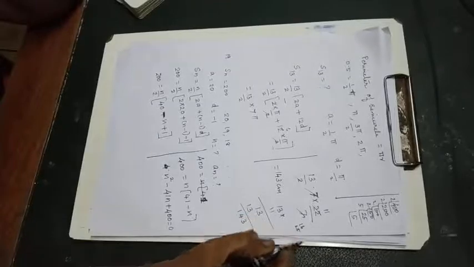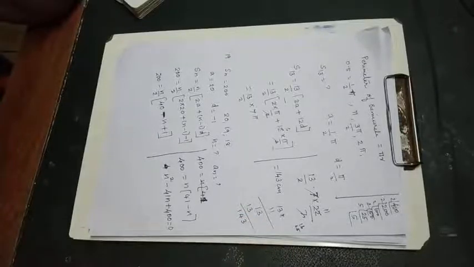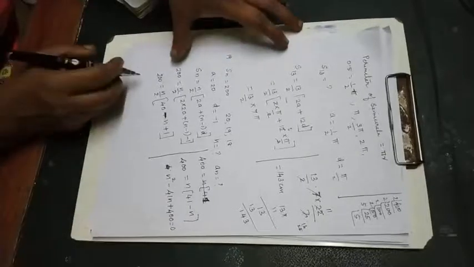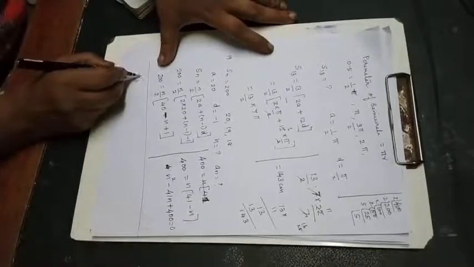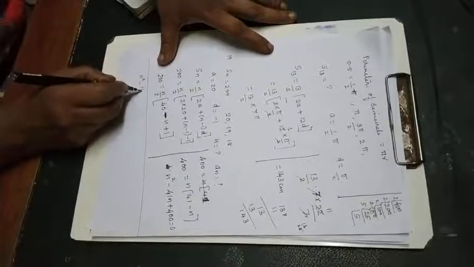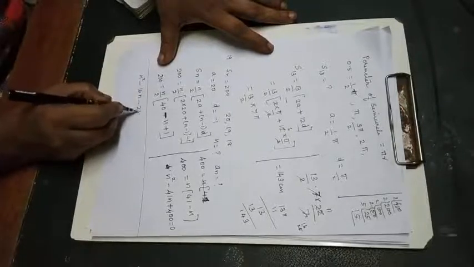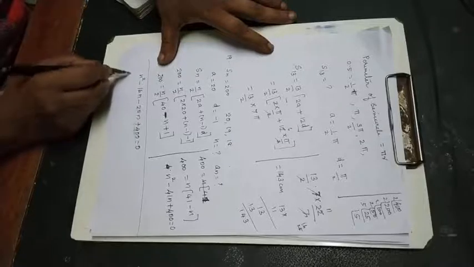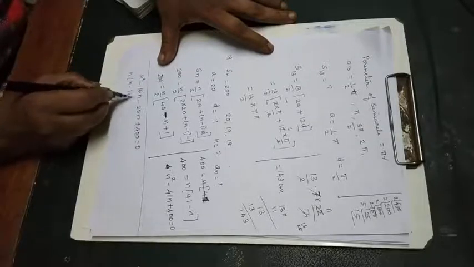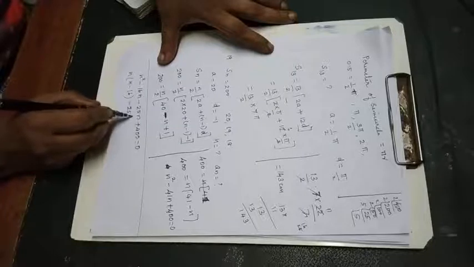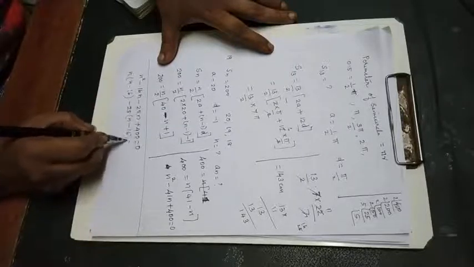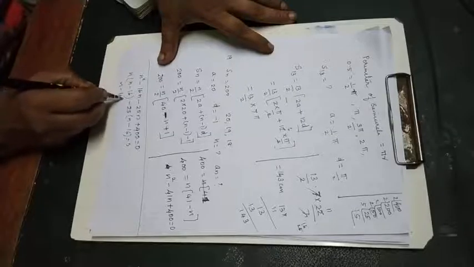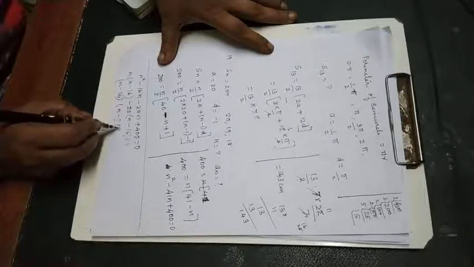So 16 plus 25 will be equal to 41. So the two numbers are 16 and 25. So let us mark that: n square minus 16n minus 25n plus 400 is equal to 0. So n minus 16, n minus 25 equal to 0.